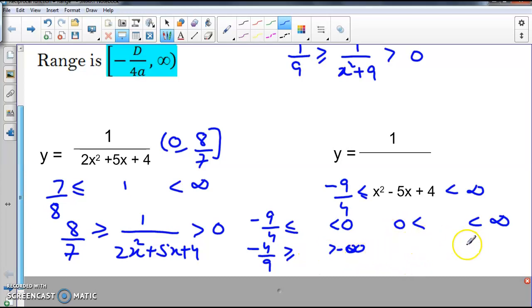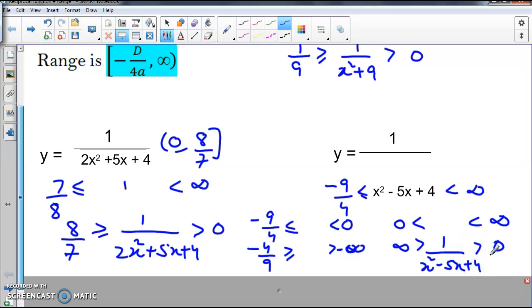And on the right side, when 0 is less than x square minus 5x plus 4 less than infinity, taking reciprocals, we get infinity greater than 1 upon x square minus 5x plus 4 greater than 0.